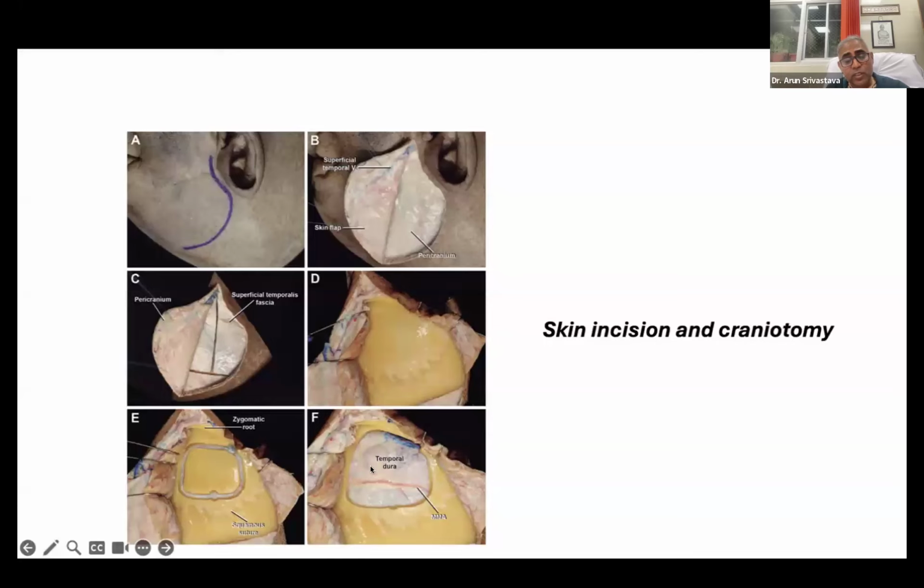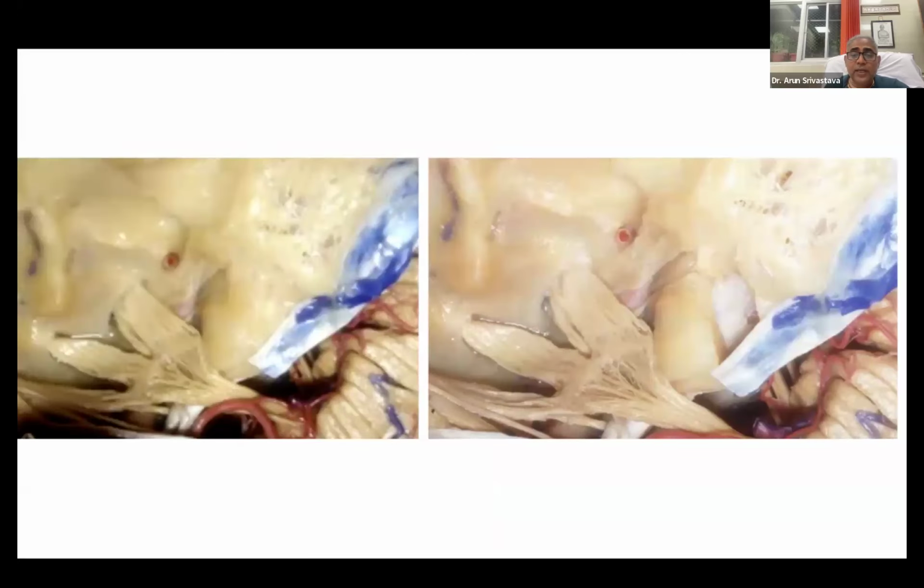After that, once you retract the dura, the first structure you encounter is the middle meningeal artery inside the foramen spinosum. You have to coagulate and cut this middle meningeal artery close to the foramen. Once you have cut it, the second structure is the foramen ovale, harboring the third division of the fifth nerve.